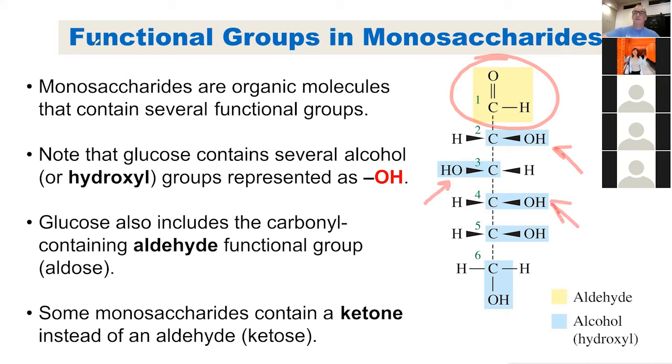That is going to be crucial. And then the hydroxyl group on the bottom. But these four carbons will be super important for determining what monosaccharide it is and whether or not we can break down that monosaccharide in our body.